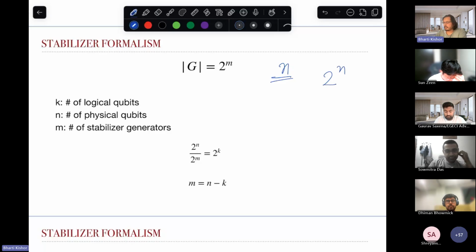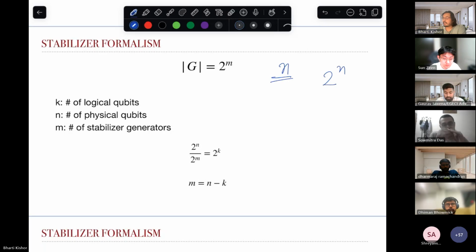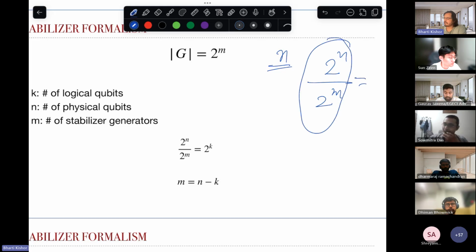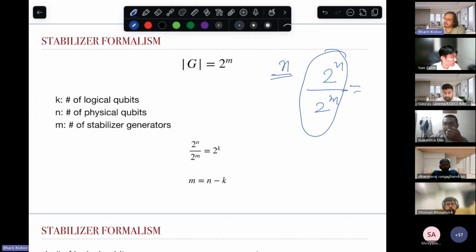So you basically partition it. And if you have m such stabilizers, then the total number of partitions that you get is 2 to the power m, and that's basically the size of the space where your code state lives.